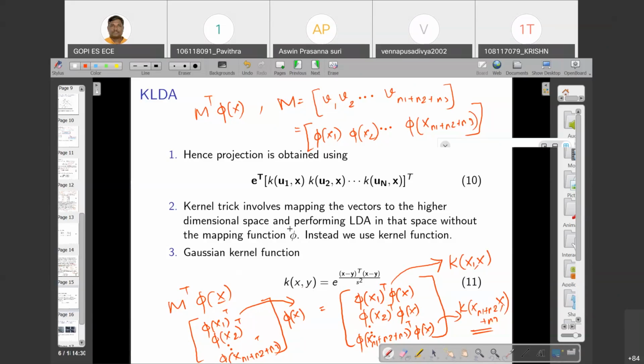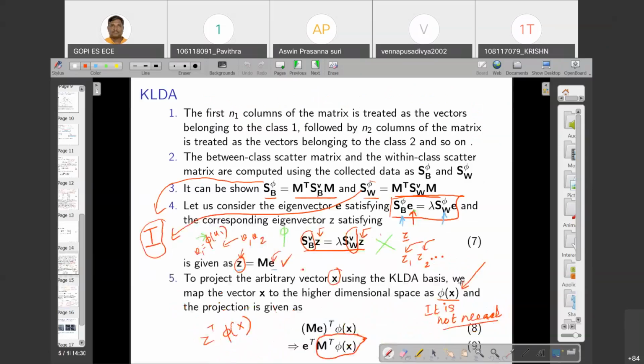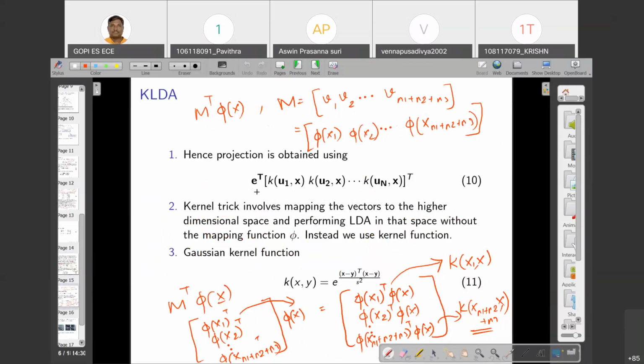Even though I said in the previous slide that you need to compute phi of x, when you see this expression, it reveals that you don't really need to do it. That is what we call the kernel trick. Kernel trick doesn't need phi, it needs only K. So we are able to do that.